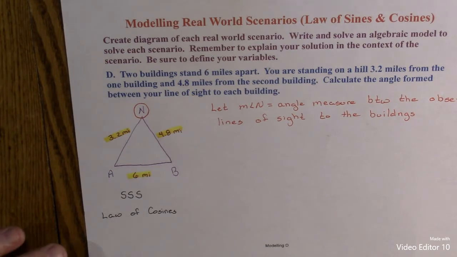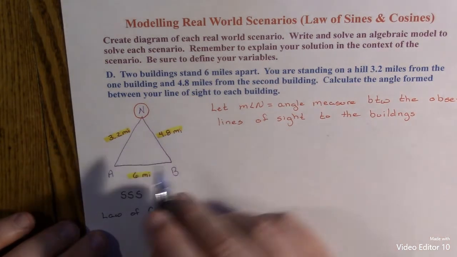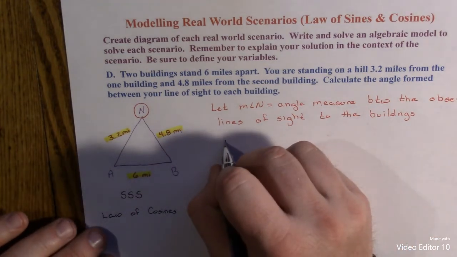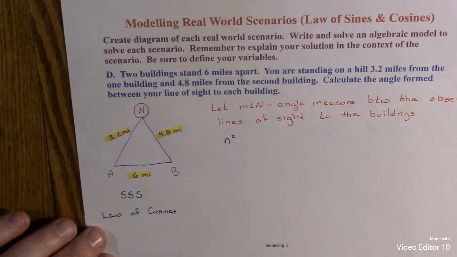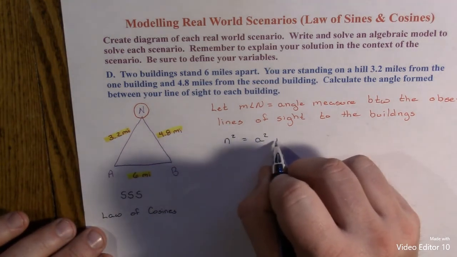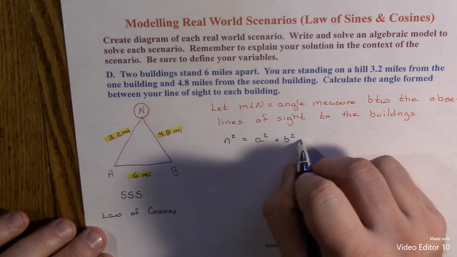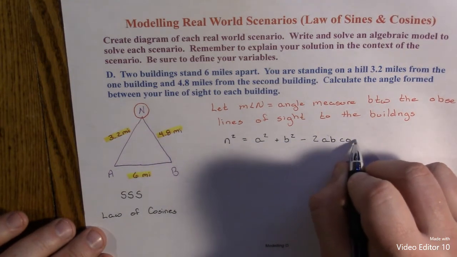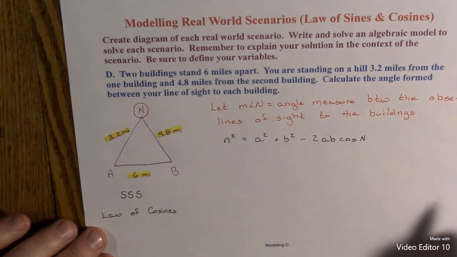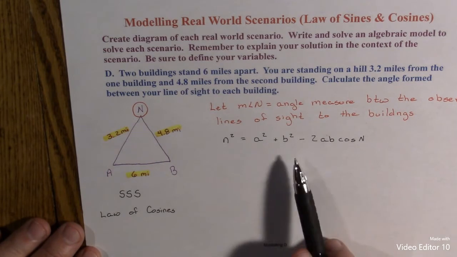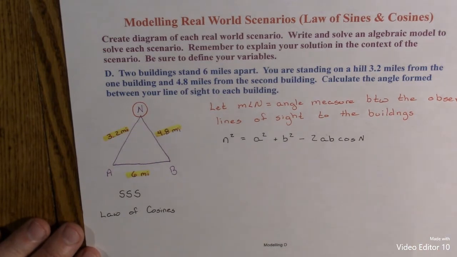So doing that, our missing angle is angle N, so that will also be our side on the one side. So it'll be N squared is equal to A squared plus B squared minus 2AB cosine N. It's very important that the side by itself matches the angle in which we are solving for.